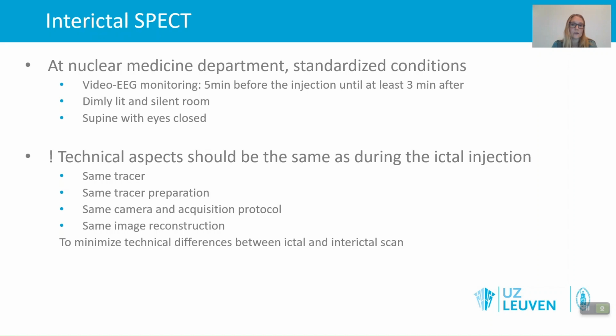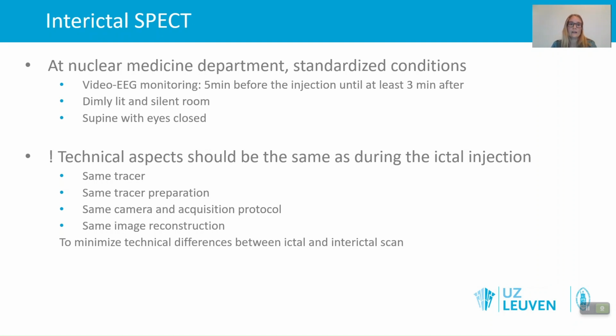In our center we don't do it like this because for ictal SPECT scanning we don't have fixed scan slots. So in our department, when we inject a patient for ictal SPECT, we call the nuclear medicine department and they will pause their clinical workflow and they will scan our patient first.